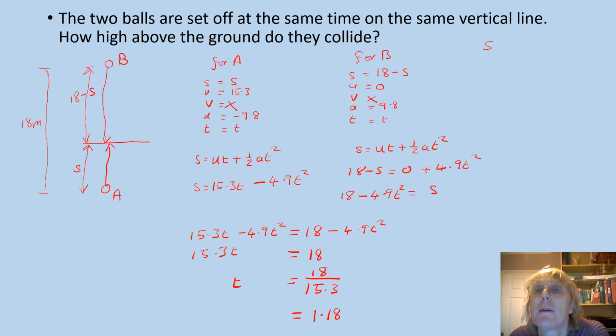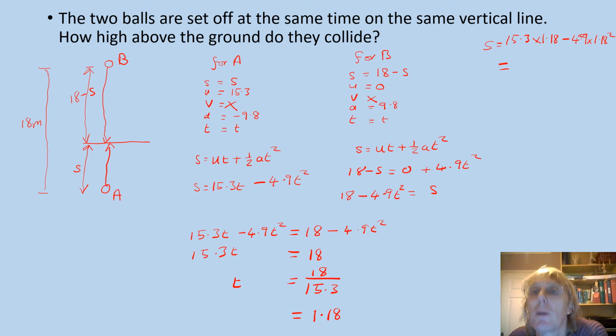We've got S equals 15.3T, so that's 15.3 times 1.18 minus 4.9 times 1.18 squared.